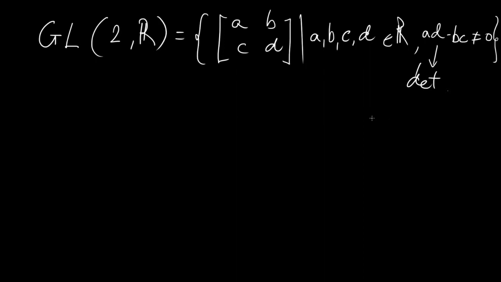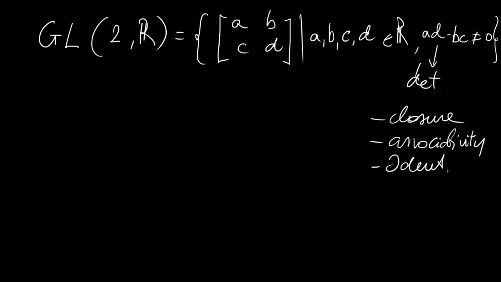So we have closure, associativity, identity, and inverses.